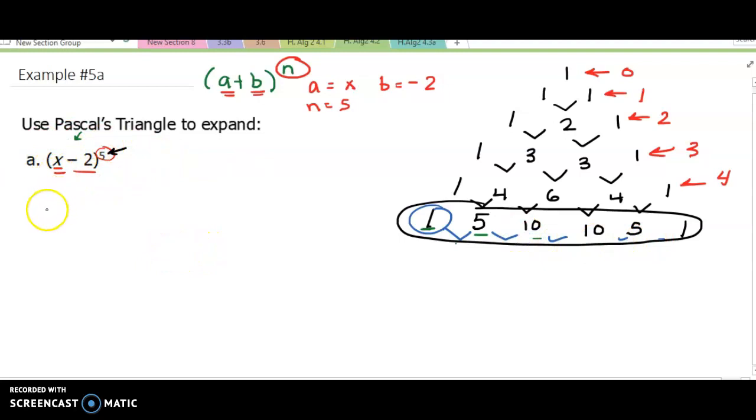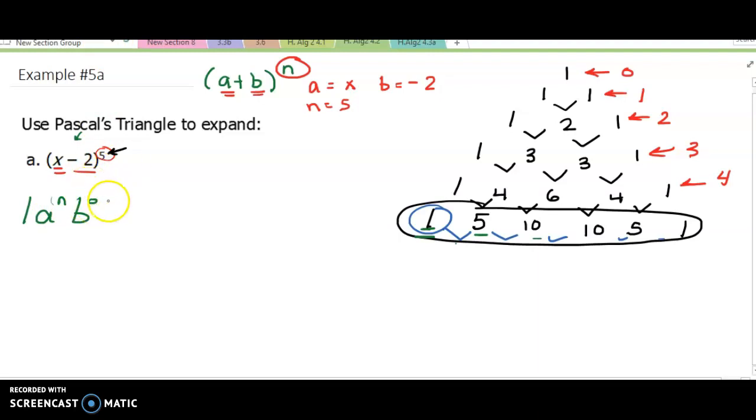So what I do is I take my coefficient, my 1, and I'm going to do 1 a to the n, so I'll just write a to the n, and then b to the 0 power. Now, this n obviously is going to be 5 in this case, and we'll substitute that in. As I go with each successive term, the exponent of my a is going to decrease while the exponent of my b is going to increase.